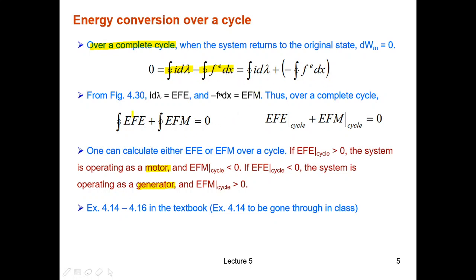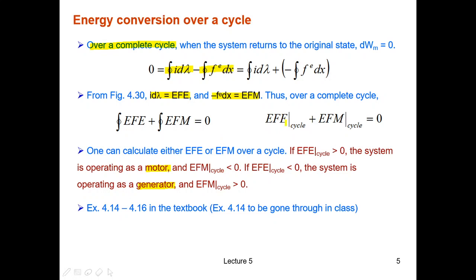Okay, so we know that i dλ is the energy from electrical, and Fe dx will be the energy from mechanical. So basically, over a complete cycle, the EFE over a complete cycle plus the EFM over a complete cycle will be 0.